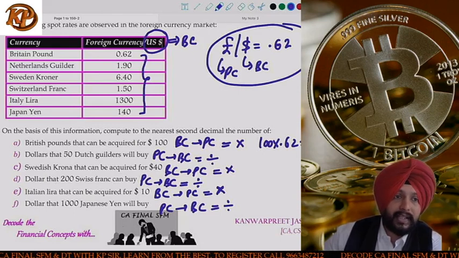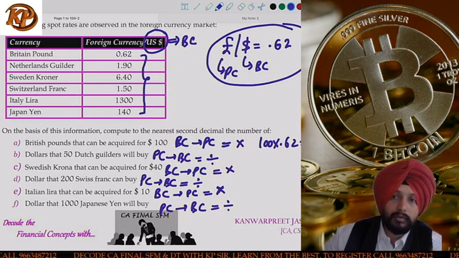Next, Italian lira that can be acquired: 1300 into 10 is 13,000.